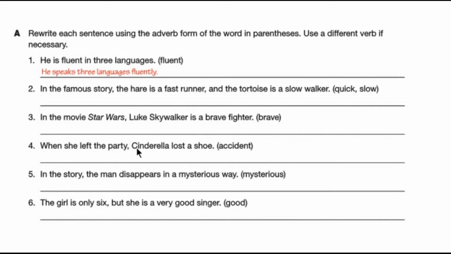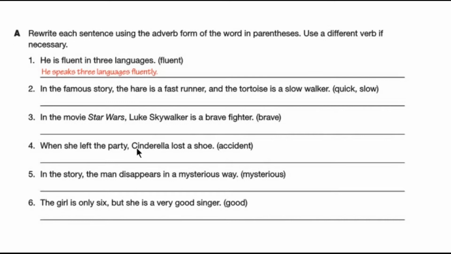Accident. When she left the party, Cinderella lost a shoe accidentally. Yes, that's correct. Cinderella lost a shoe. How? Accidentally.